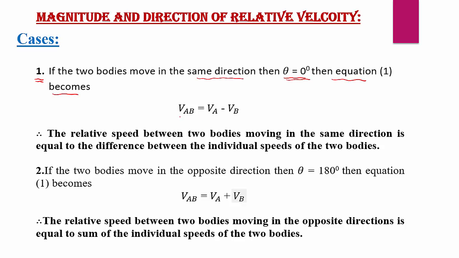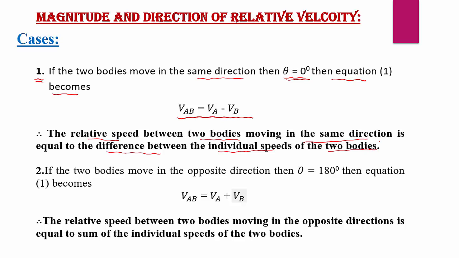Here it is given VAB equals VA minus VB when both bodies are moving in the same direction. So what it indicates? The relative speed between two bodies moving in the same direction is equal to the difference between the individual speeds of the two bodies.